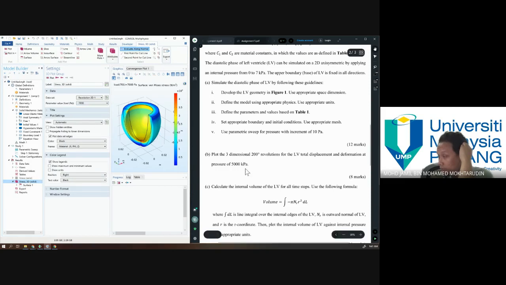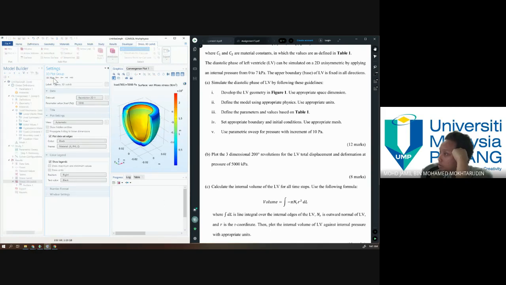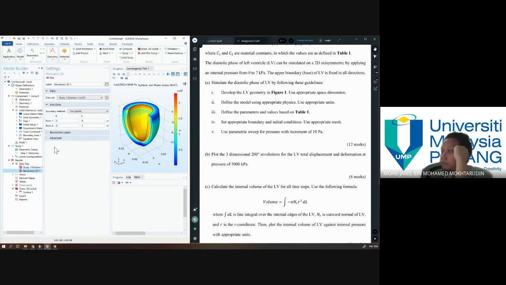So first 5, so this is 5 kilopascal, okay, mistake. So 5 kilopascal. And then, okay, to change the degree, I think it's here, revolution 2D in dataset.